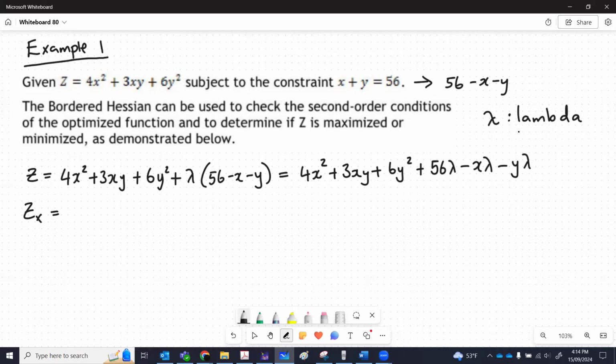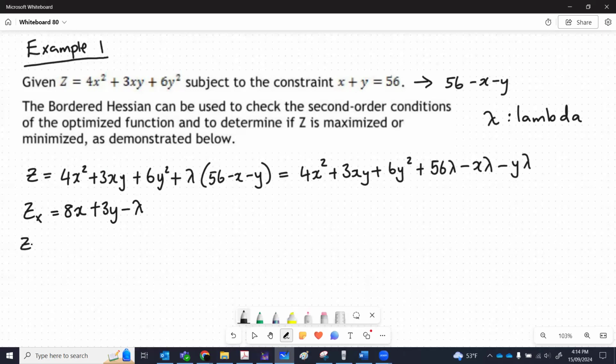It's a Greek letter. Okay. All right, so we find zx. The derivative is 8x, the derivative is 3y, the derivative is 0, the derivative is 0, the derivative is minus lambda, and the derivative is 0.